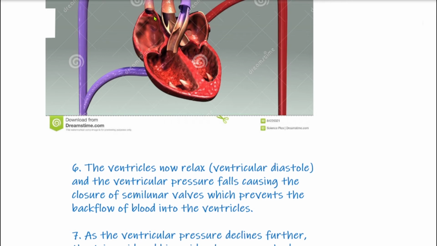As the intra-atrial pressure is increasing due to the blood coming from the veins, and intraventricular pressure is decreasing due to its relaxation, a point will come when the intraventricular pressure will become less than the intra-atrial pressure, and at that time the blood in the atrium will force open these atrioventricular valves, and the atrioventricular valves will open up and the blood from atria will start flowing again to the ventricles.